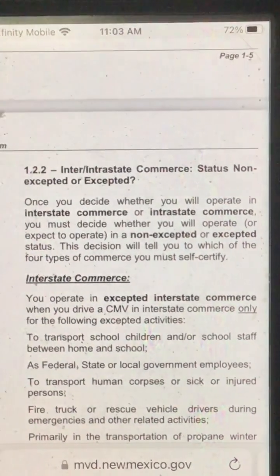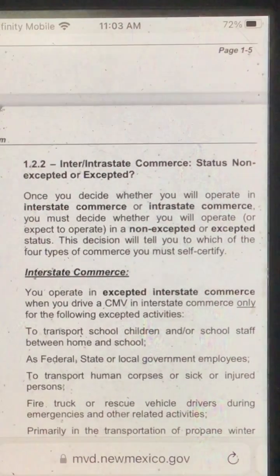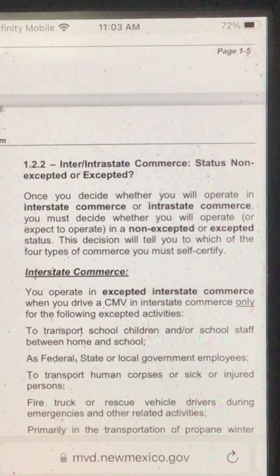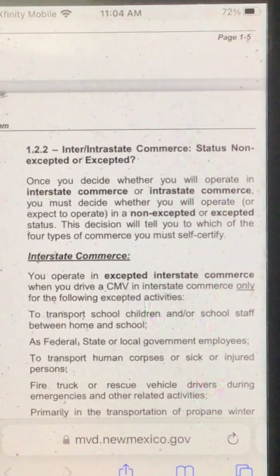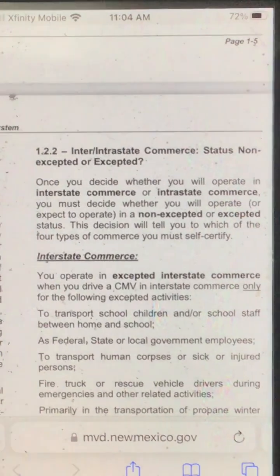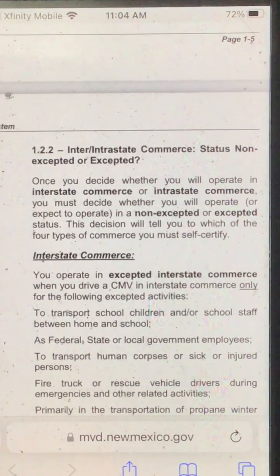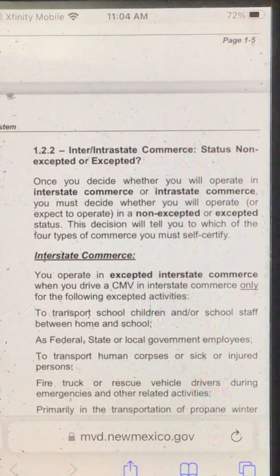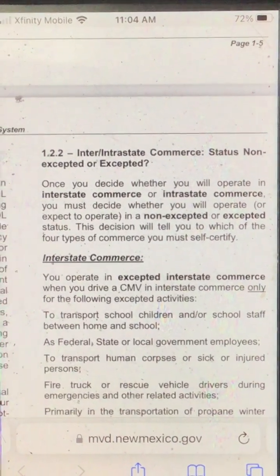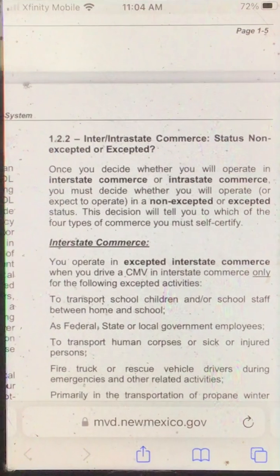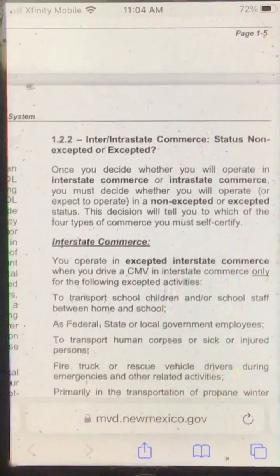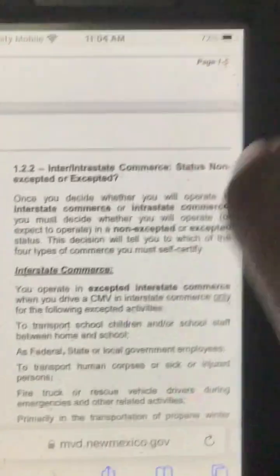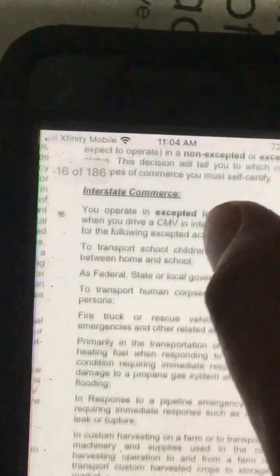Once you decide whether you will operate in interstate commerce or intrastate commerce, you must decide whether you will operate or expect to operate in a non-exempted or exempted status. This decision will tell you to which of the 4 types of commerce you must self-certify.